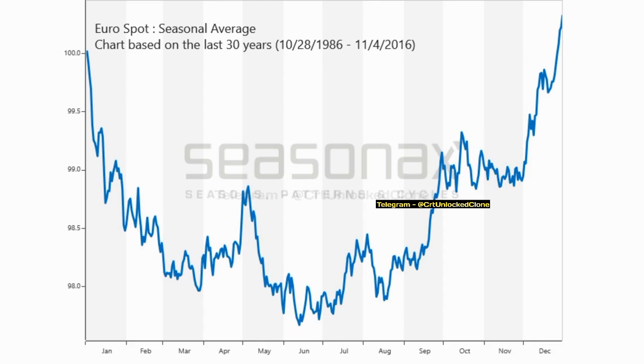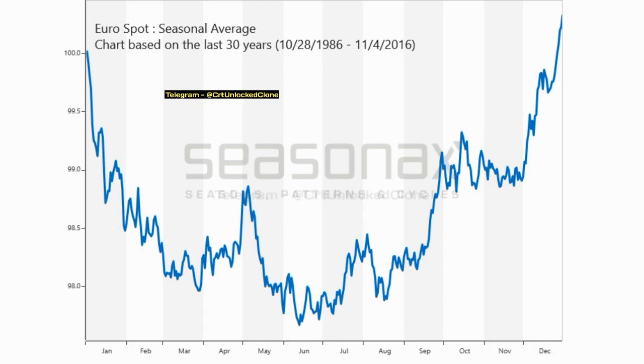This is real, actual, and factual summarized data of EU from the last 3 decades, right? Firms and different institutions have gathered data from the last 30 years and they've summarized it into this single chart. And this chart basically shows us the average of what Euro USD, or EU, has done, right?